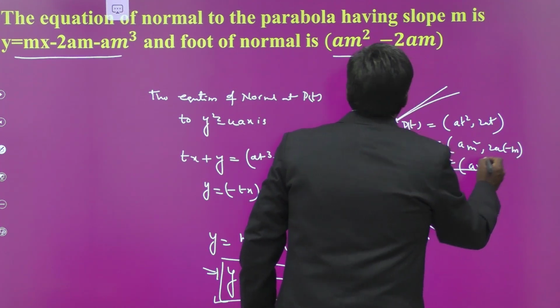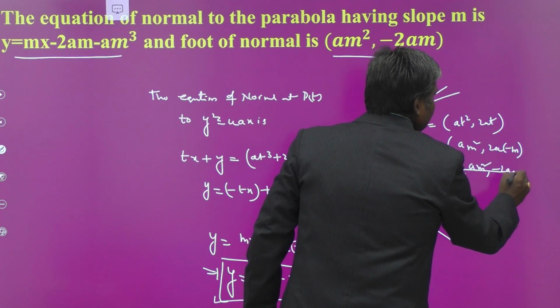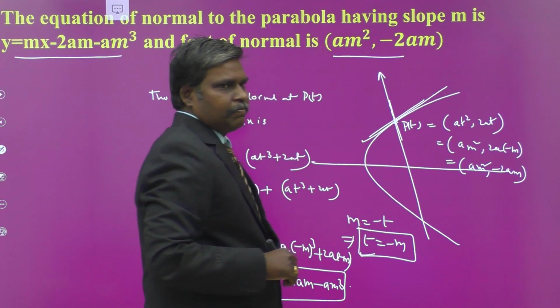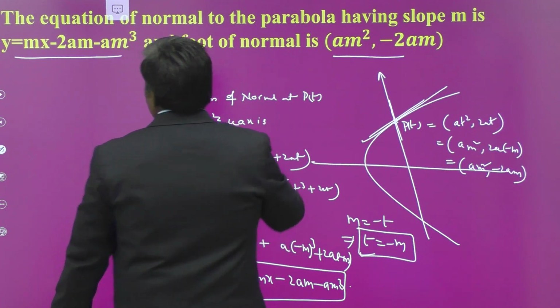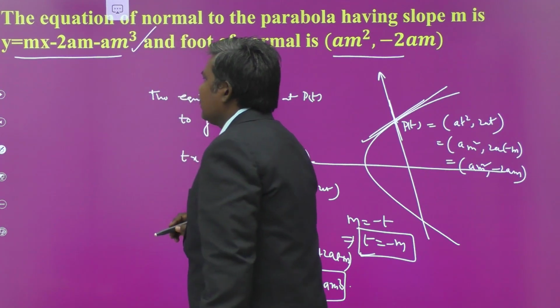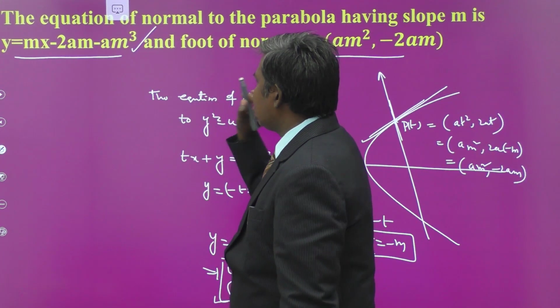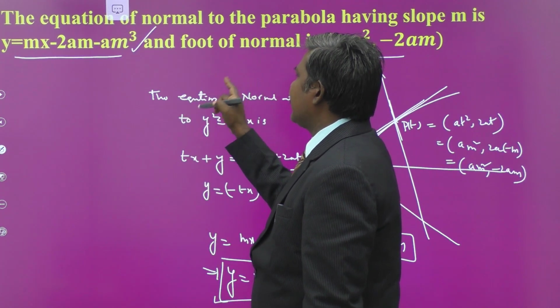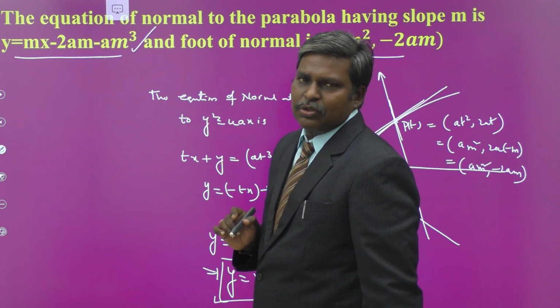So a m square comma minus 2am is the foot of normal to the parabola. So very simple derivation to you. All of you remember this formula in the slope form. This is normal to the parabola. y is equal to mx minus 2am minus am cube.